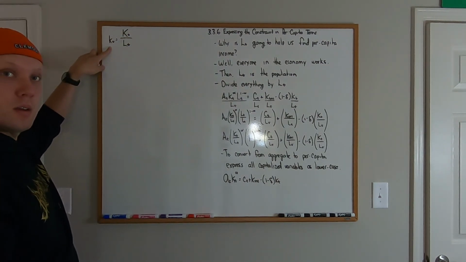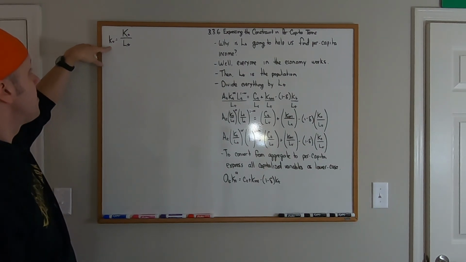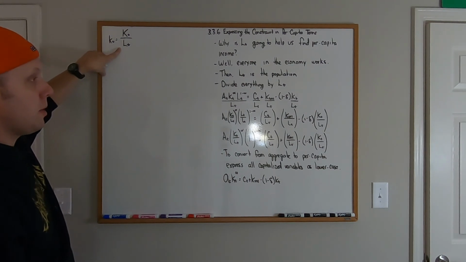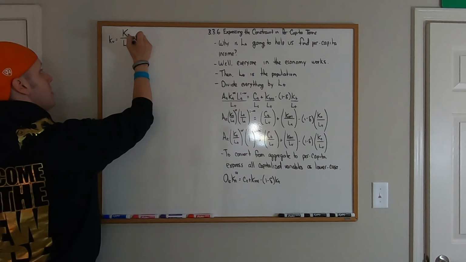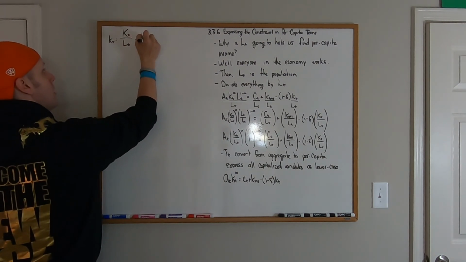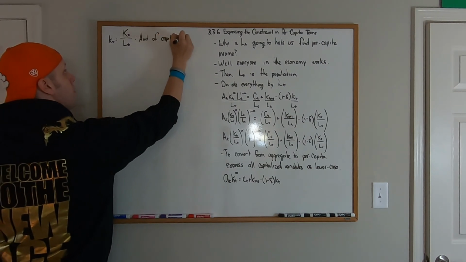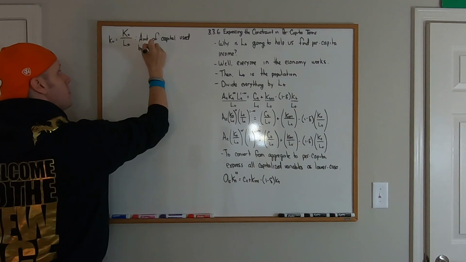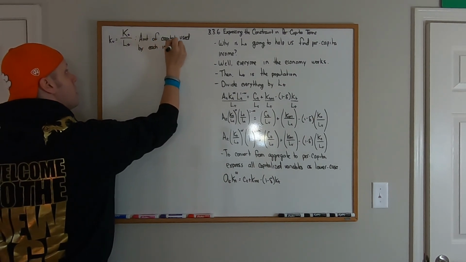Lowercase kt, per capita capital, is equal to aggregate capital divided by the population. So this is the amount of capital used by each individual worker.